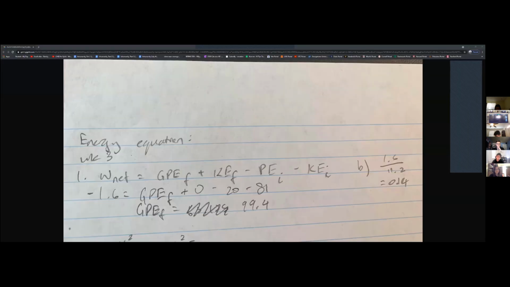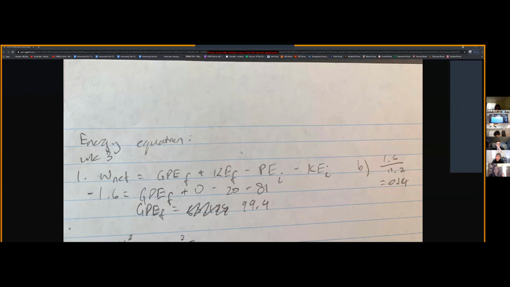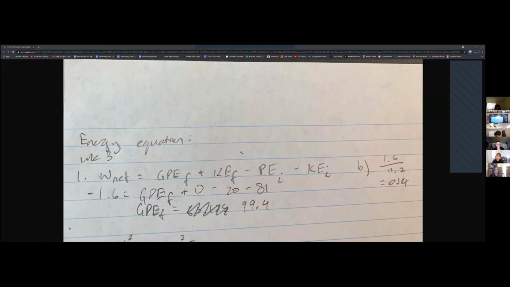So it's a little bit difficult to read, but for our energy equation, I wrote W net, but it's net energy equals gravitational potential final plus final kinetic energy minus initial potential minus initial kinetic. Sorry, my screen is kind of glitching. Basically, the negative 1.6 was the total dissipated energy, the energy traveling into the air, and what we're trying to find is the final gravitational potential.